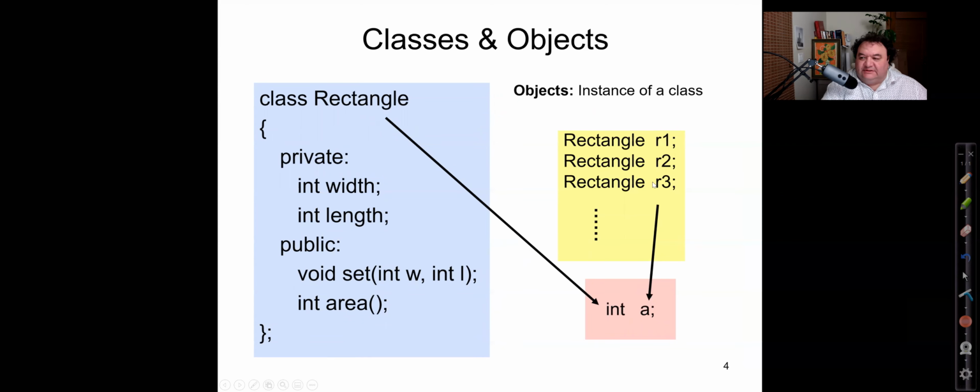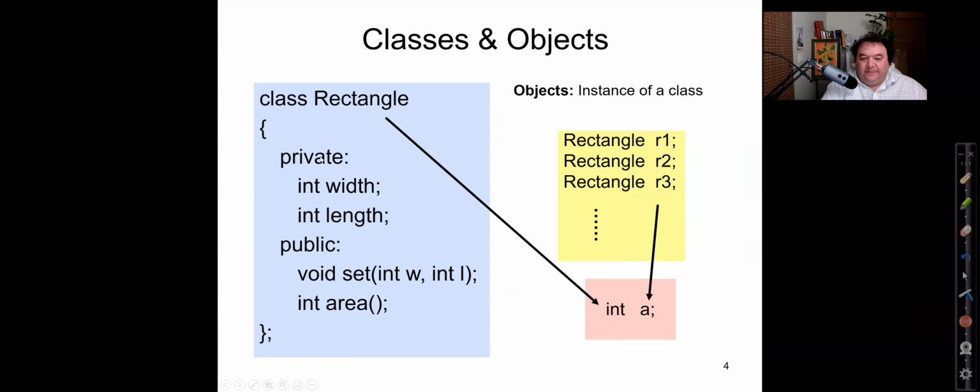Those are elements that are not static. But let's say that we wanted a counter that keeps track of how many rectangles we have in total. We could add a static integer count that we initially set at 0. Every time we create a rectangle, that gets incremented by 1, and every time we destroy a rectangle, it gets decremented by 1.